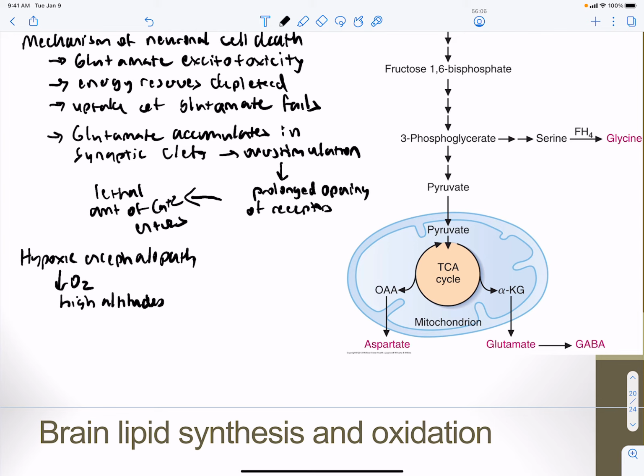You're going to inhibit pyruvate dehydrogenase, so that's going to diminish acetylcholine synthesis. Acetylcholine synthesis is very sensitive to hypoxia.